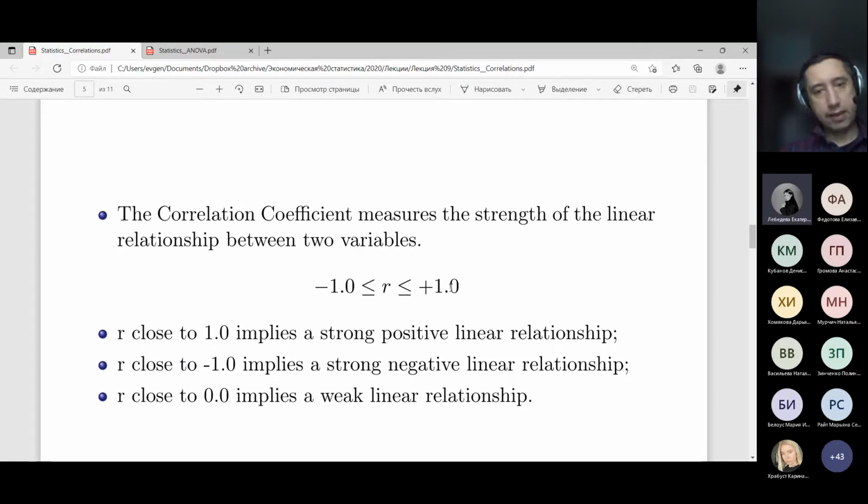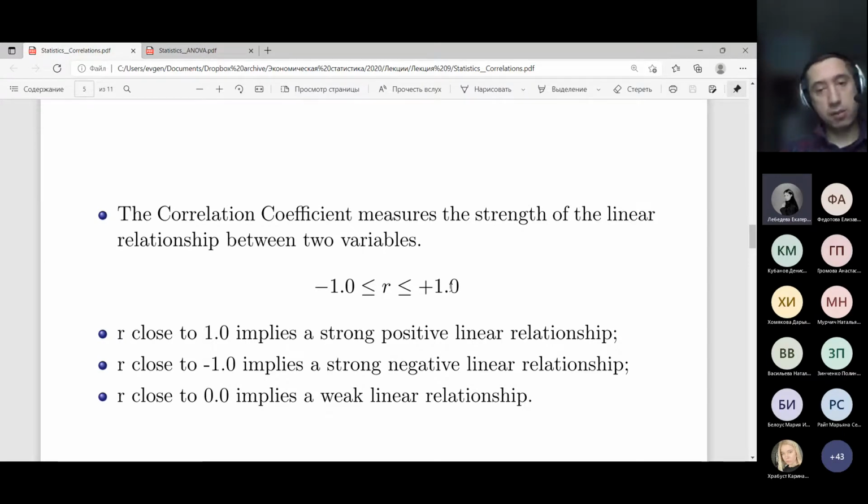If you see that the correlation coefficient is greater than 0, you should say that the relationship is positive. If the correlation is less than 0, is negative, you should say that the relationship is negative.